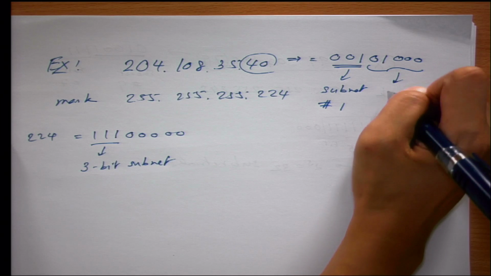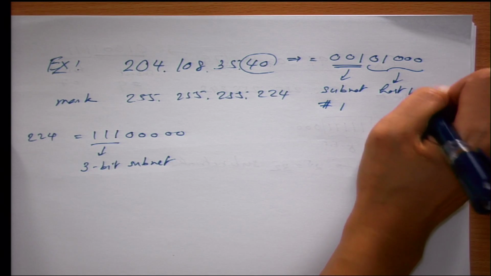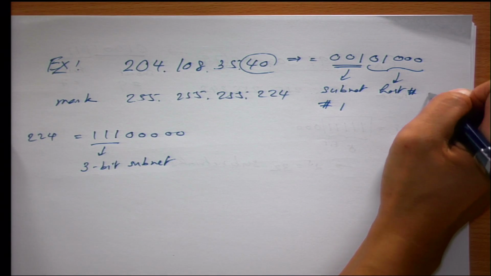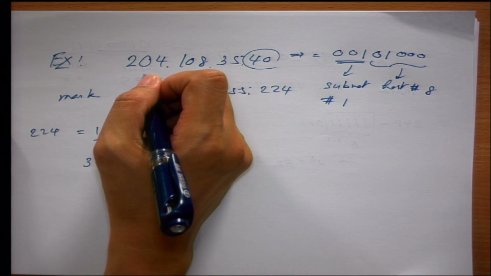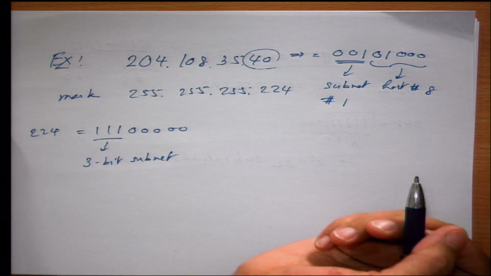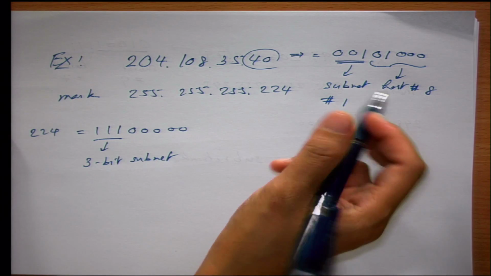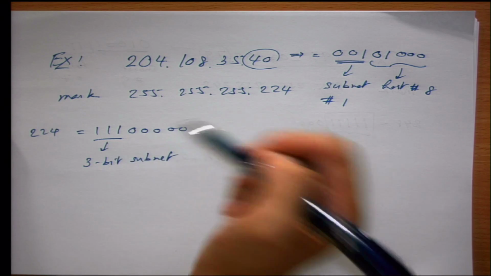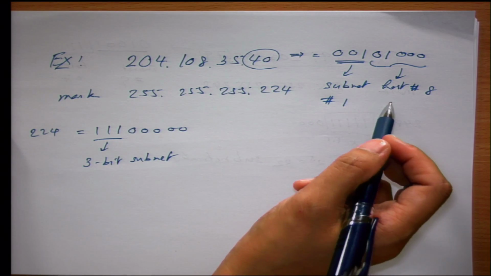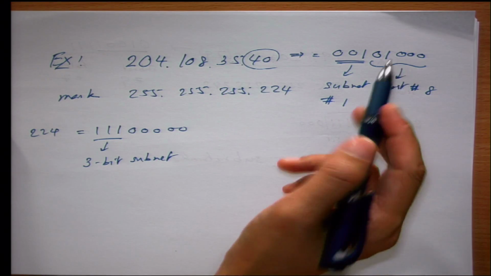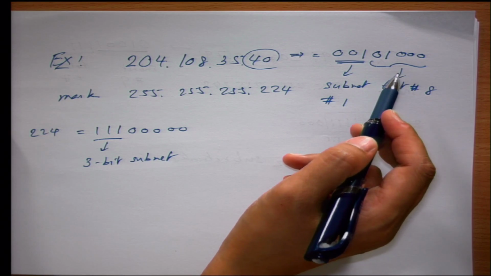The last 5 bits are the host, so host number 8. Again this is a class C address, and there are 8 possible subnetworks inside this organization, and you have 2 to the 5, or 32, hosts for each network.